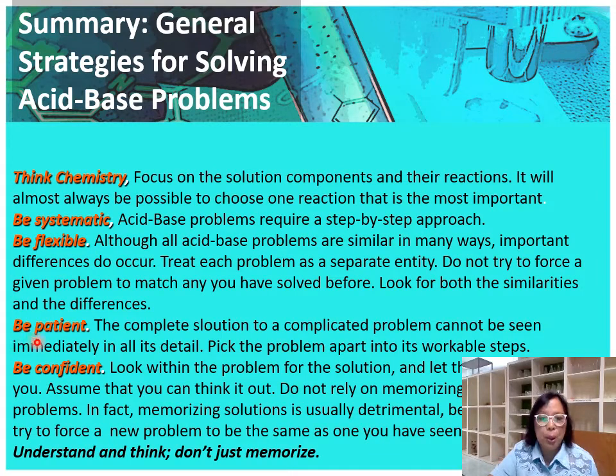And then be patient. Scientists should always have this. And be confident. Be confident because you always think about the chemistry. And one more thing, understand and think, don't just simply memorize.